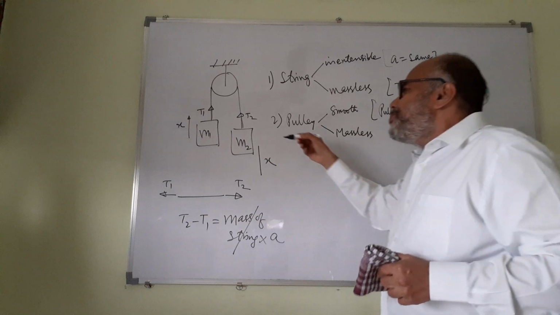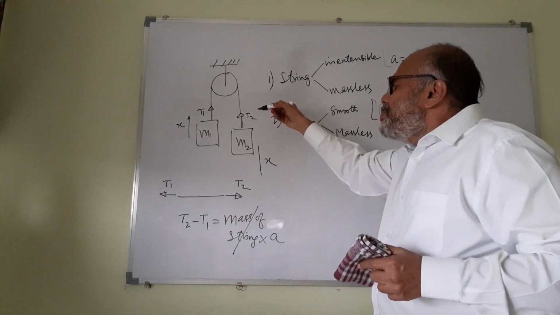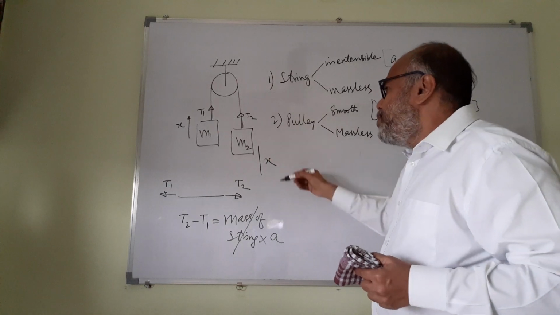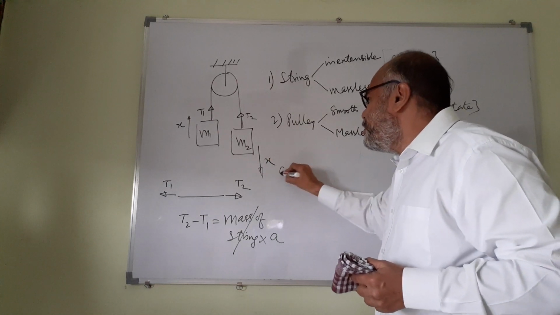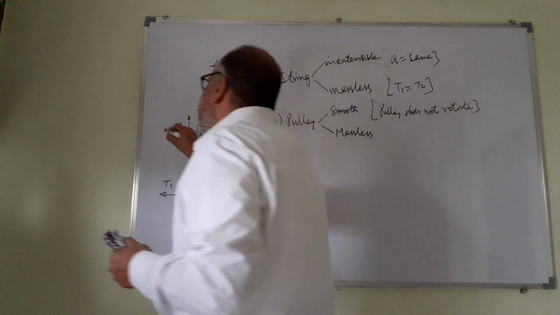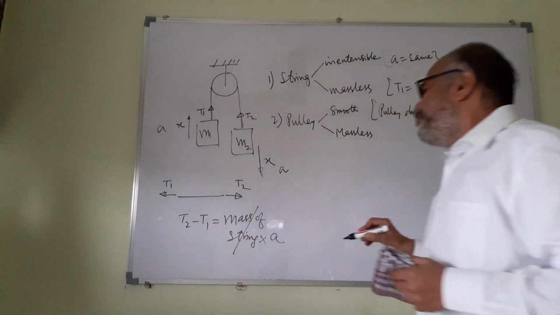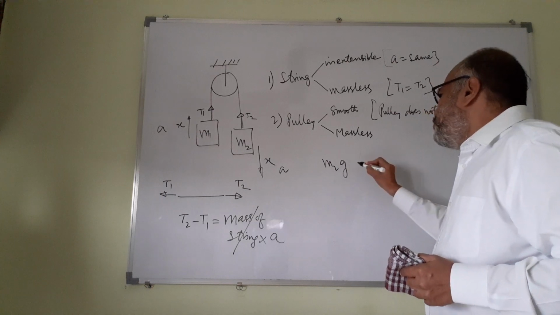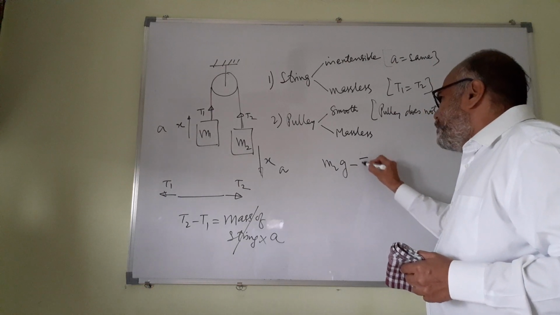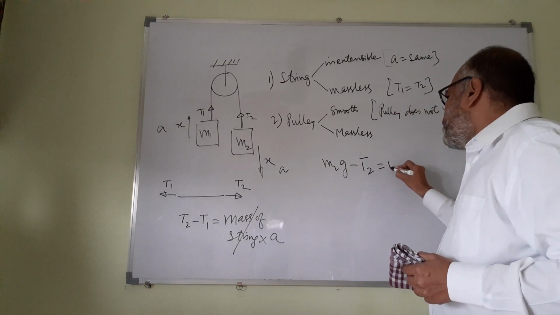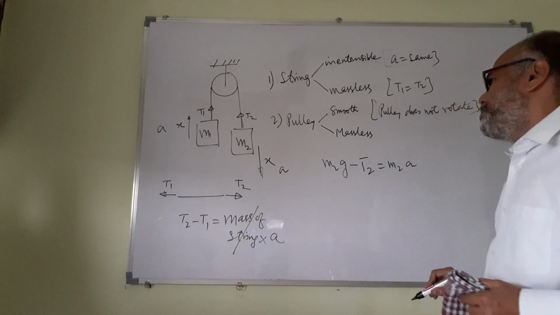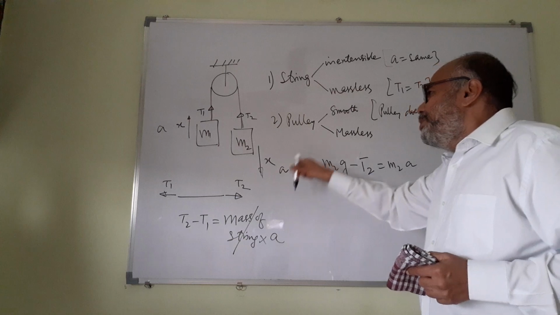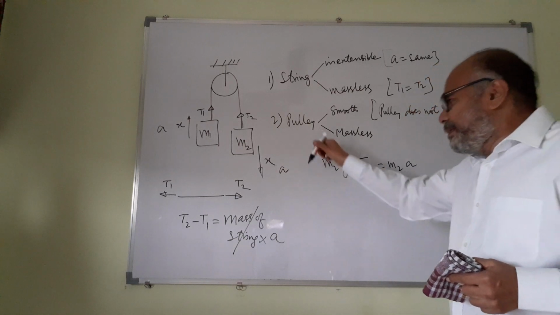So if these are the assumptions, how do we write the equations? Let us say the acceleration A is downward here, A is upward here. Then for this mass, m2g minus T2 is equal to m2a, because the net force has to be downward, since the acceleration is downward.